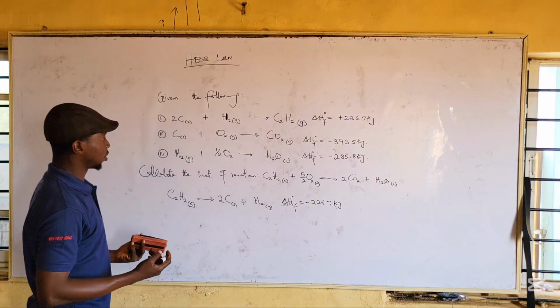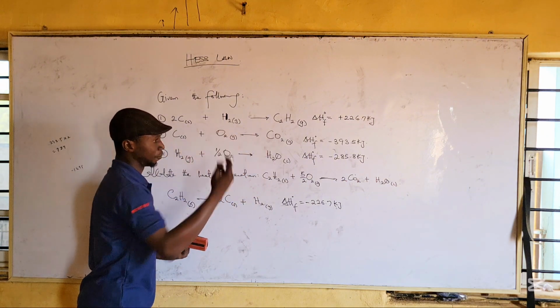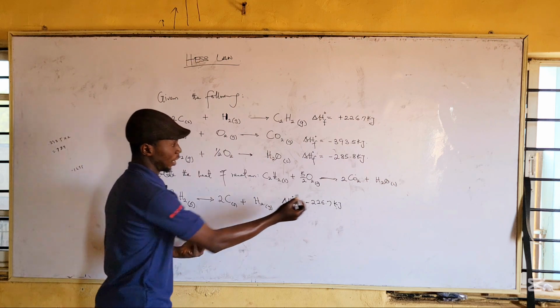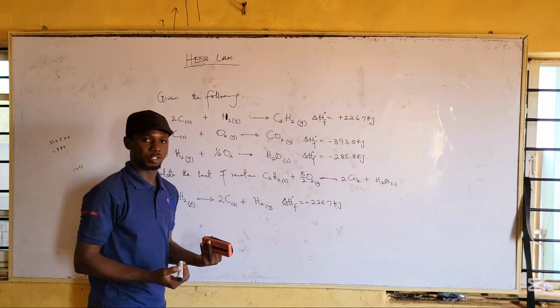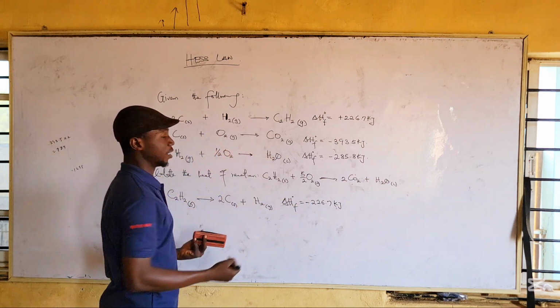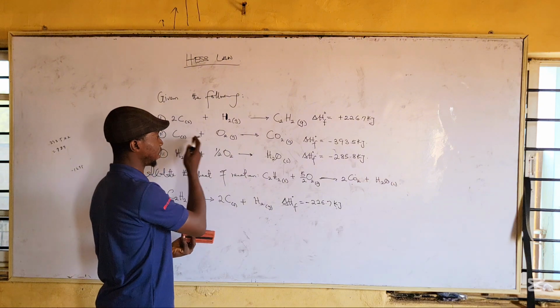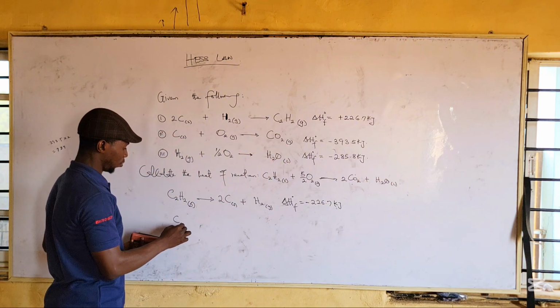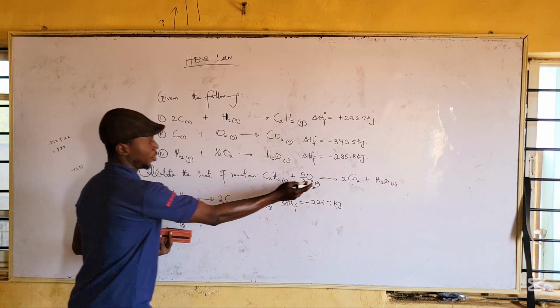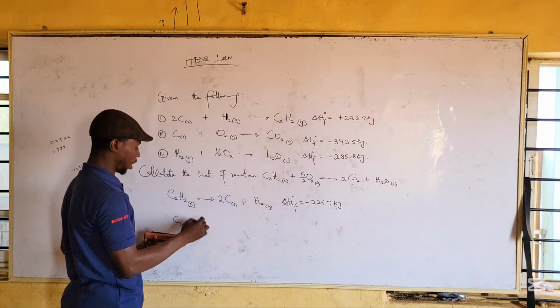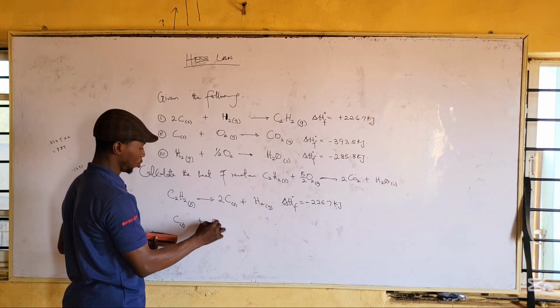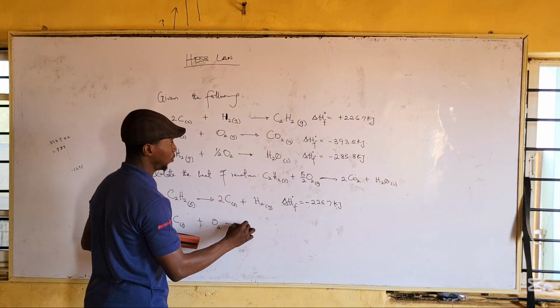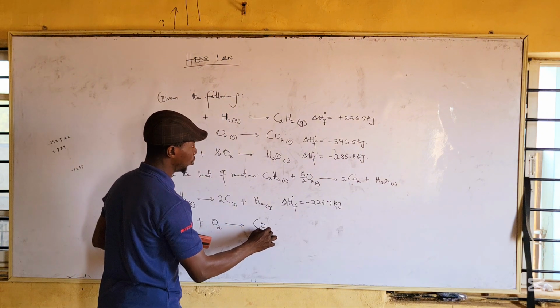Now, another thing that we want to consider is carbon dioxide. Carbon dioxide here at the product side is 2, whereas here at the product side it is 1. So it means we are going to just multiply this equation by 2. We don't need to flip this one because carbon dioxide is in the appropriate place. So carbon plus O2 to give CO2.